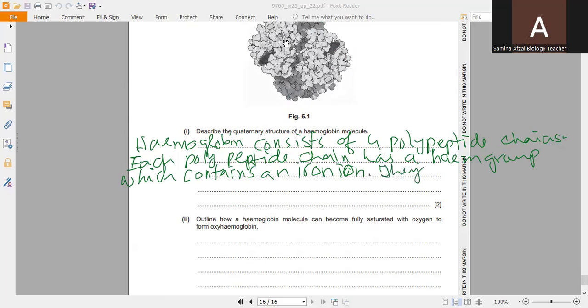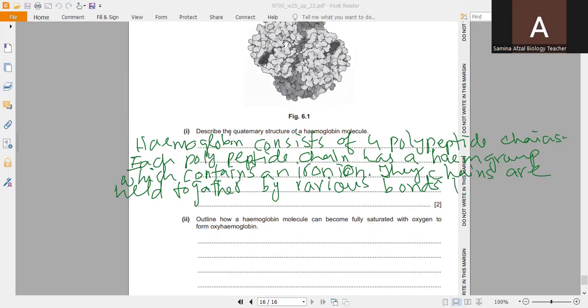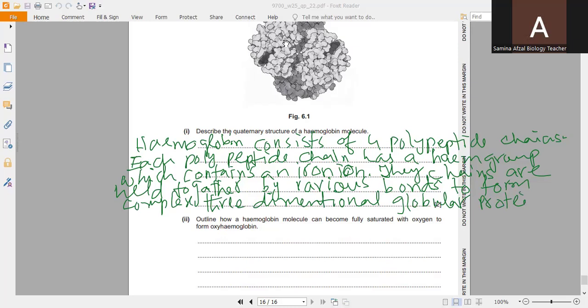These chains are held together by various bonds to form a complex three-dimensional globular protein shape.